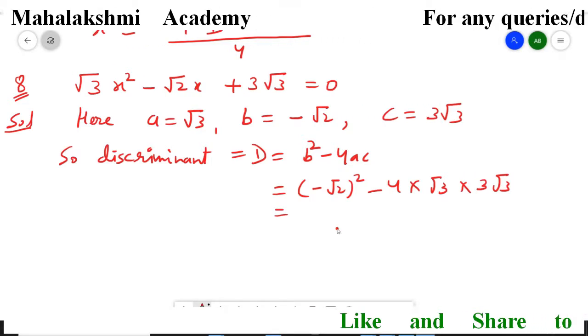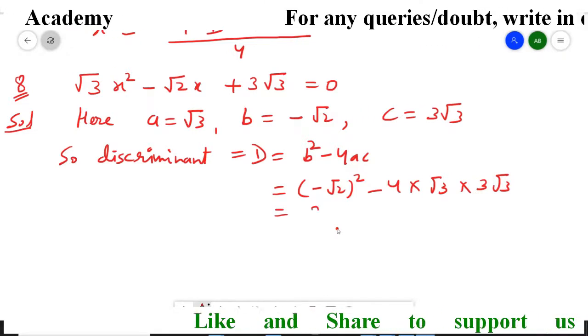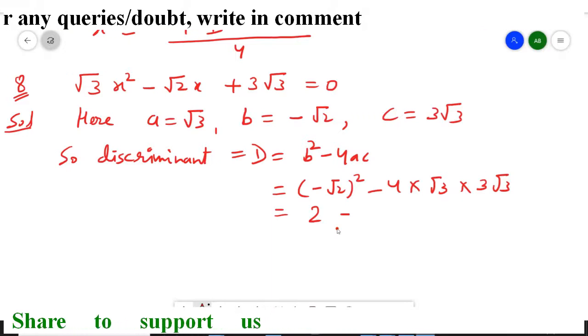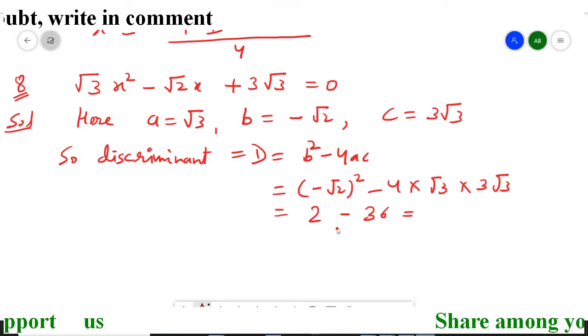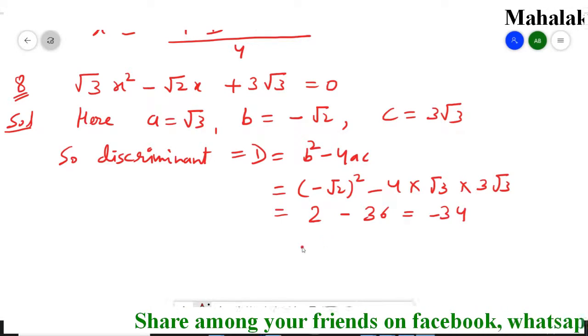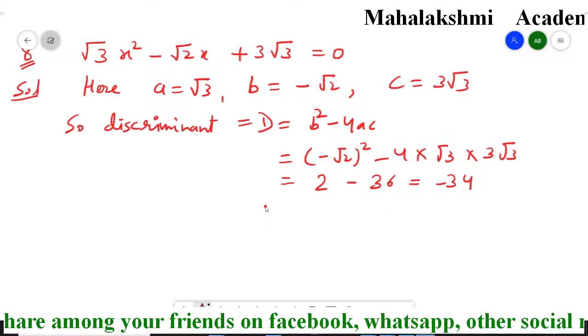Now when we solve it, we'll get here 2 minus, it's going to be 36. That's minus 34. So again discriminant is negative. So no real roots present.